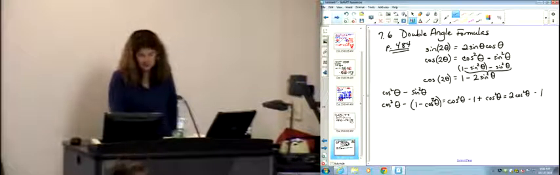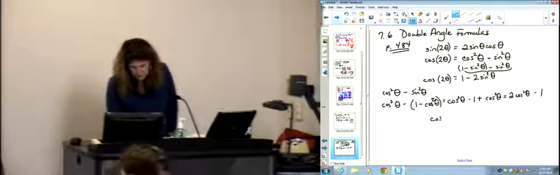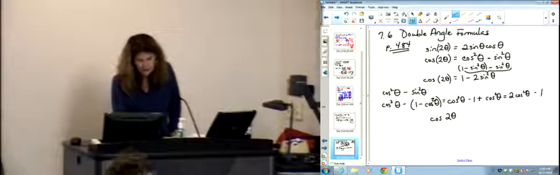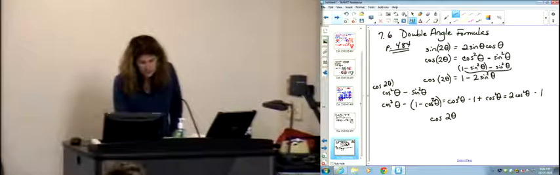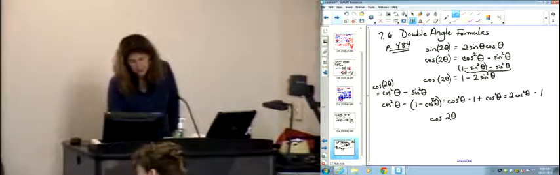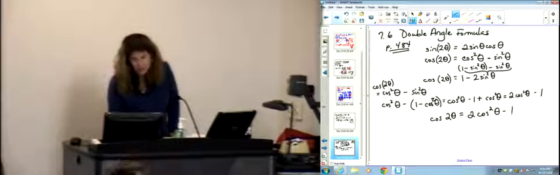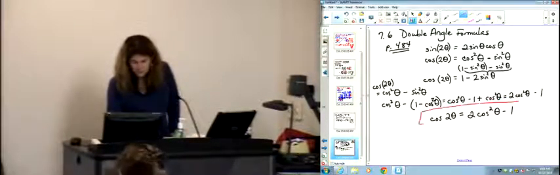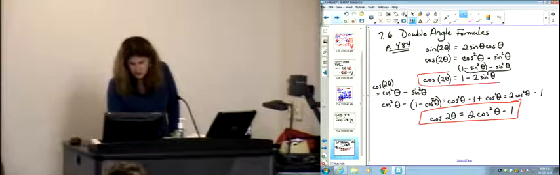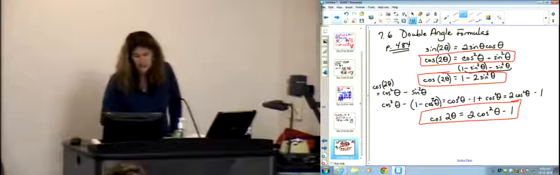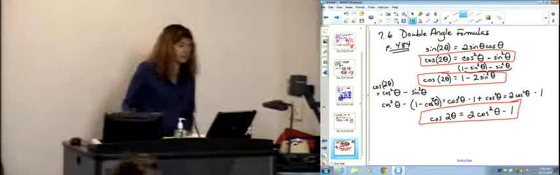That's another way of looking at the cosine of 2 theta. So we got that from that cosine 2 theta formula that we started with. So the cosine of 2 theta could be written 2 cosine squared theta minus 1. So for the cosine of 2 theta, we've got this one, and this one. Okay. All of those are for the cosine of 2 theta.